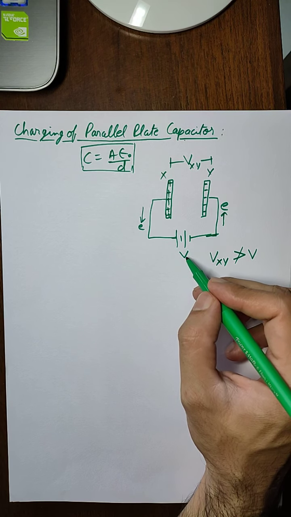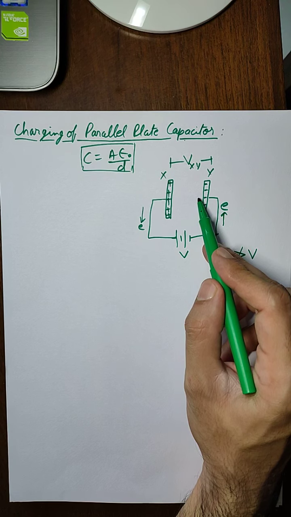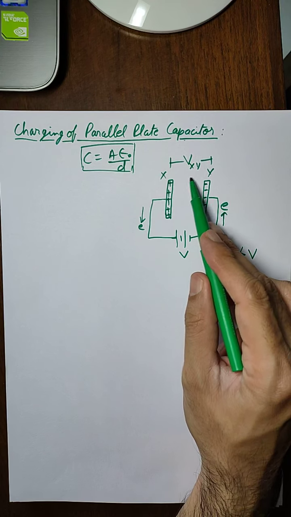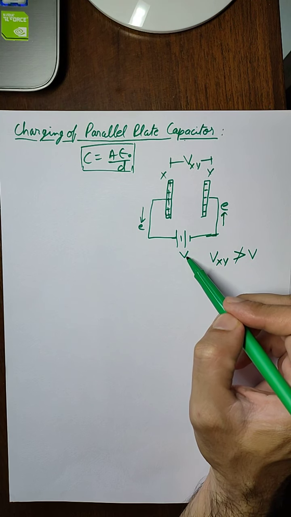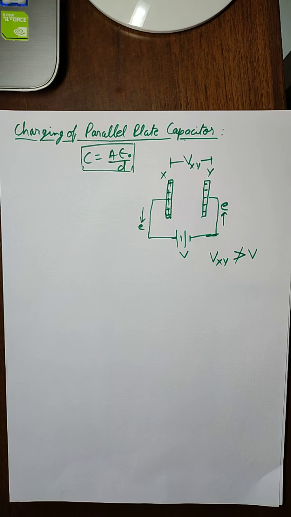So the work of this battery is to maintain the potential between the X and Y plates, and this potential can be at most equal to the potential V. Vxy will never exceed the potential of the battery. You have to remember this point, it is a very important point.